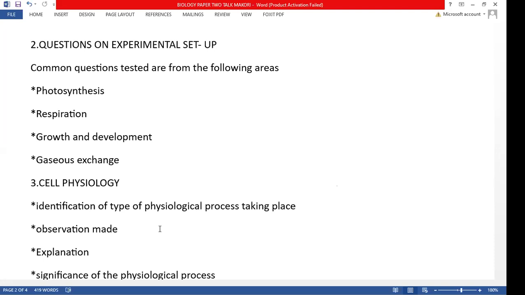In this case, the water bath provides the optimum temperature for the action of the diastase enzyme. At the same time, it provides the required temperature to detect the reducing sugars within that setup.